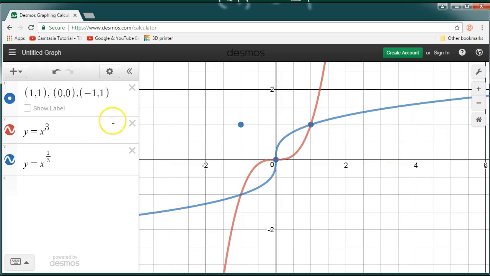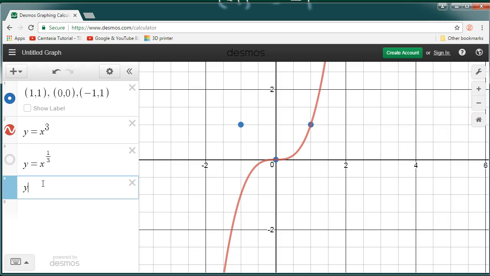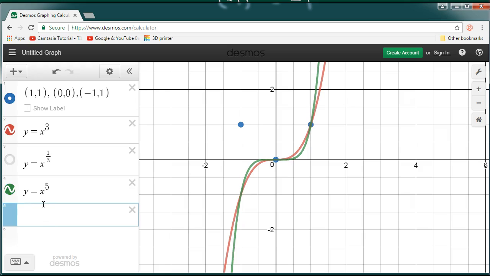Okay, so try to look at these separately and understand that they have the same shape, and that's no accident. Now, looking just at x cubed for a moment, let's take another power function that has an odd exponent. For example, x to the 5th power. And now x to the 7th.